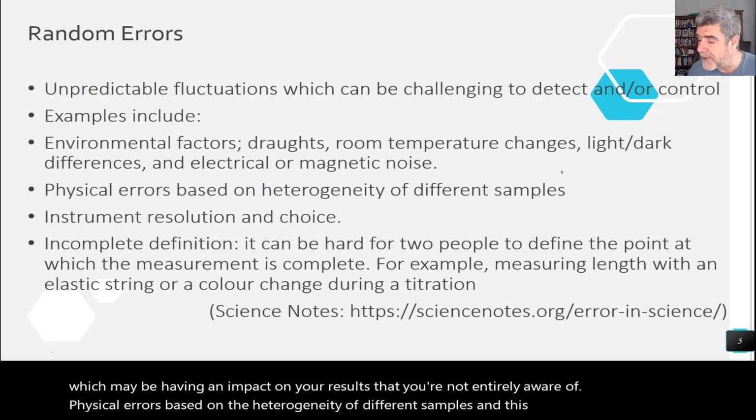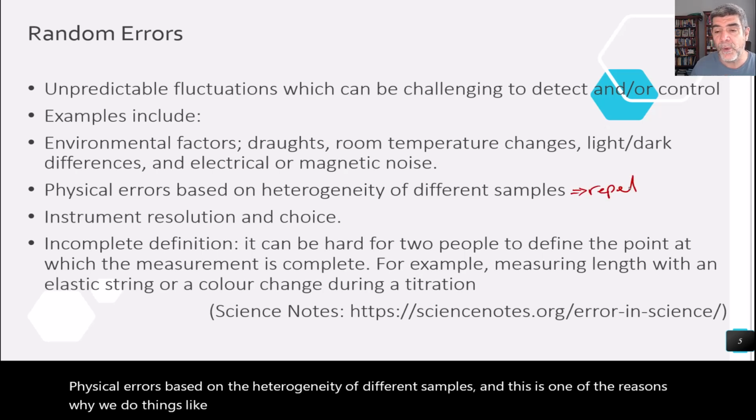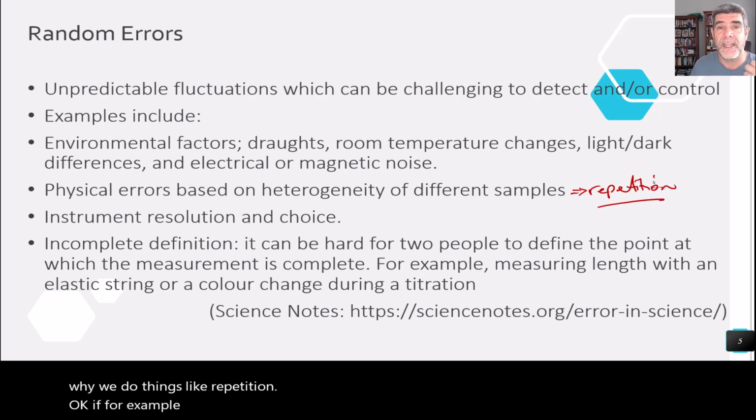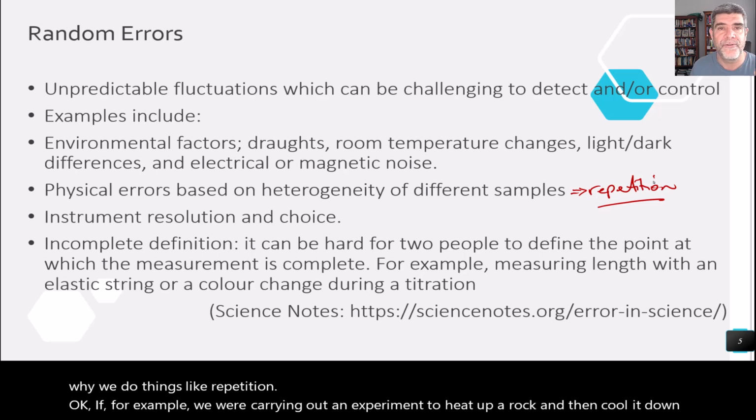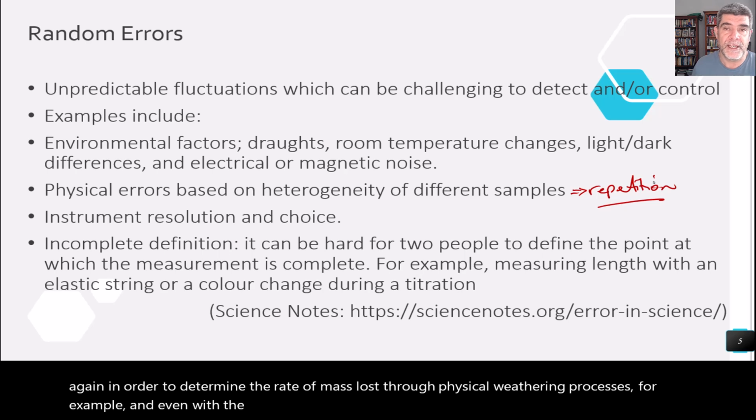Physical errors based on the heterogeneity of different samples. And this is one of the reasons why we do things like repetition. If, for example, we were carrying out an experiment to heat up a rock and then cool it down again in order to determine the rate of mass lost through physical weathering processes, and even with the same type of rock, some slightly different samples might behave slightly differently during the experiment.